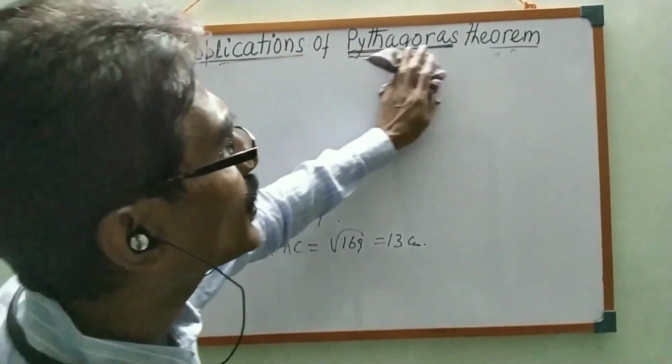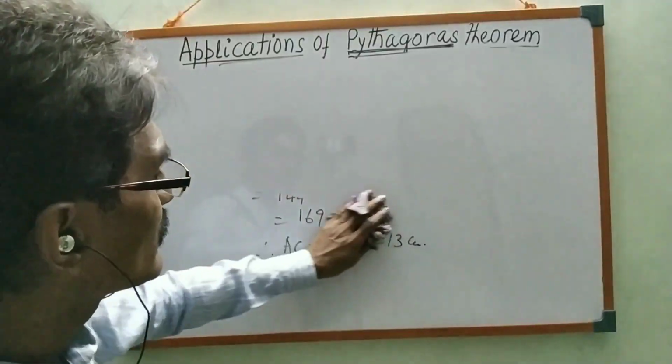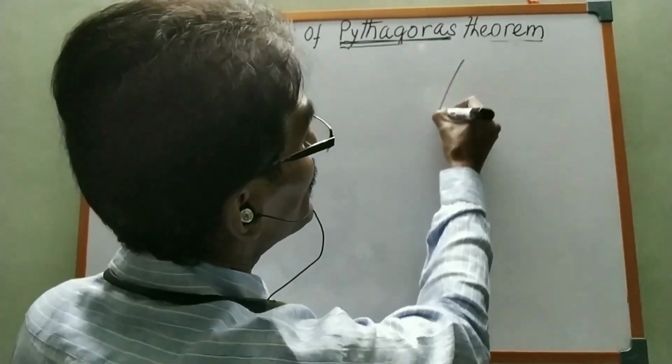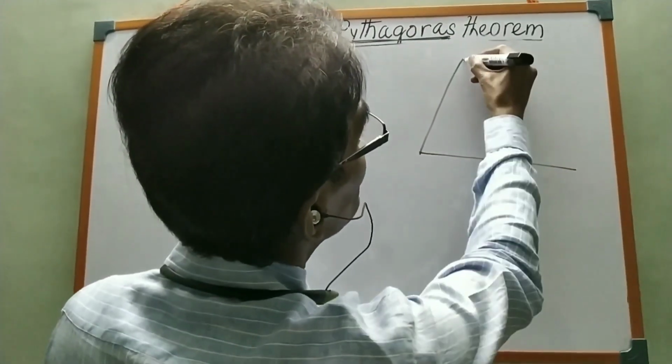Look at the board. Again the sum is from a right angle triangle, from an equilateral triangle.